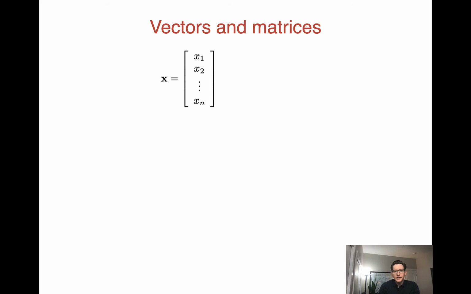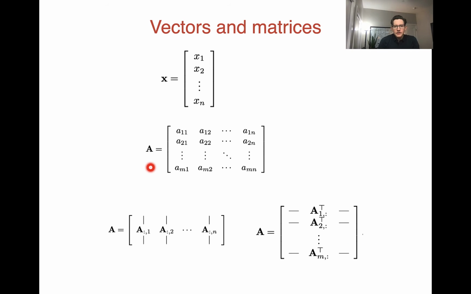Scalar meaning a single value as opposed to a list of values. We'll write that x is a vector by writing that x, and here I mean boldface x, is a member of R^n. This R with the two lines here is the set of real numbers, so we're saying there's a set of real numbers to the n.